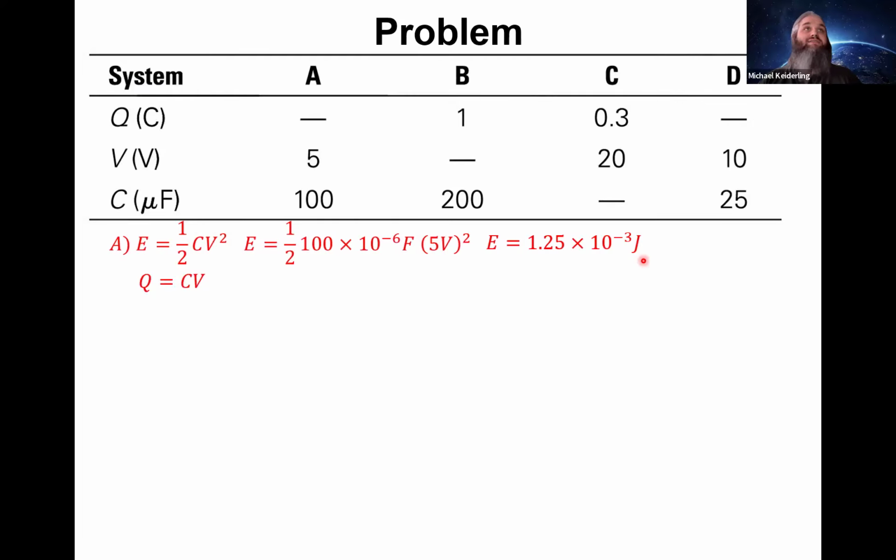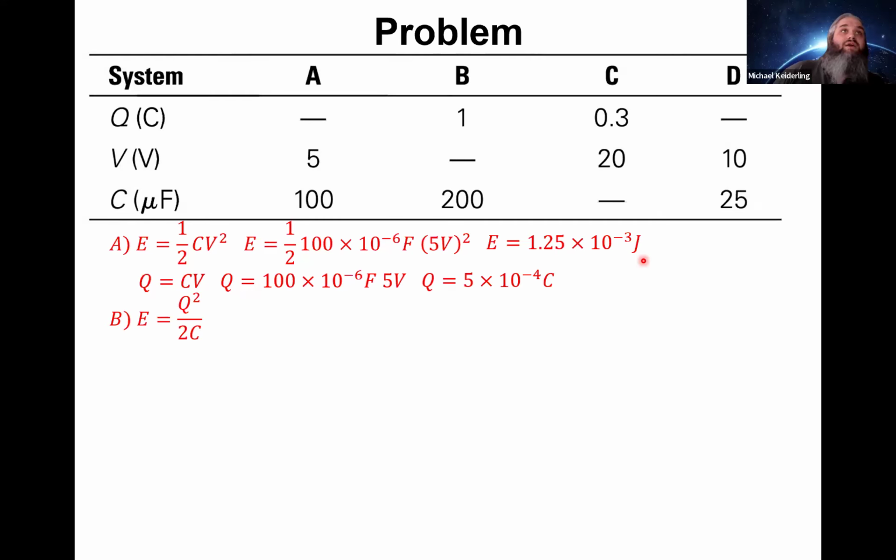Charge is going to be capacitance times voltage. So 100 times 10 to the minus 6 farads times 5 volts is 5 times 10 to the minus 4 coulombs. B, energy is, we know, charge and capacitance.